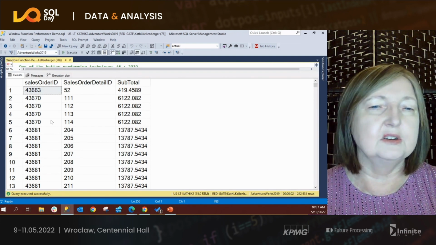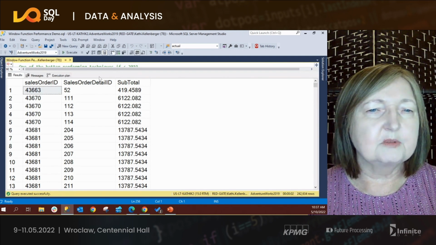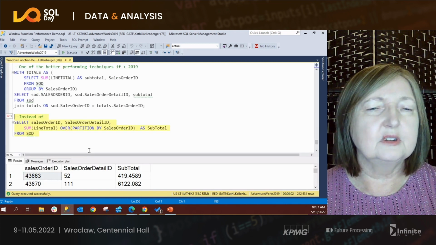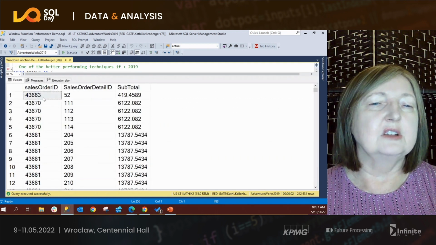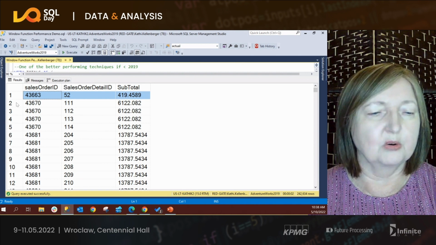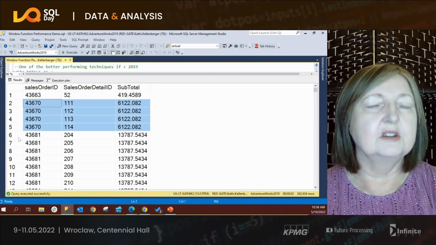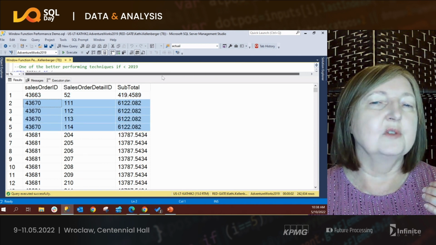If I'm on, what were my subtotals on? Okay, so on sales order ID. So I've got a subtotal here, a subtotal on this one, and so on. That one doesn't scale very well.